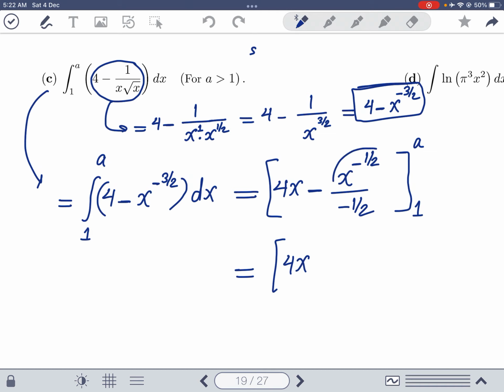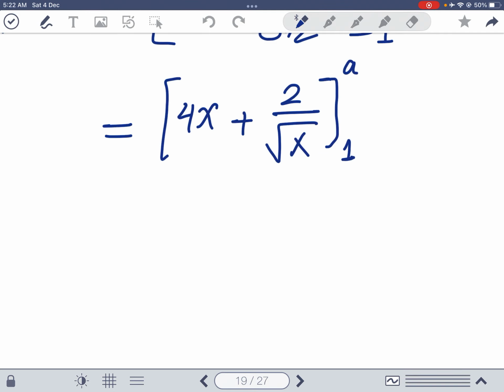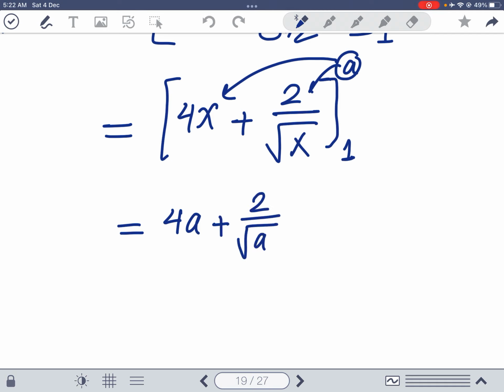Now simplify this further. 4x, and then x to the negative half is 1 over root x, and minus minus is plus. So this will be plus 2 divided by root x, just from knowing properties of powers. So this is from 1 to a, and now put the a inside. This will be 4a plus 2 over radical a when you replace a, minus, and now you replace 1.